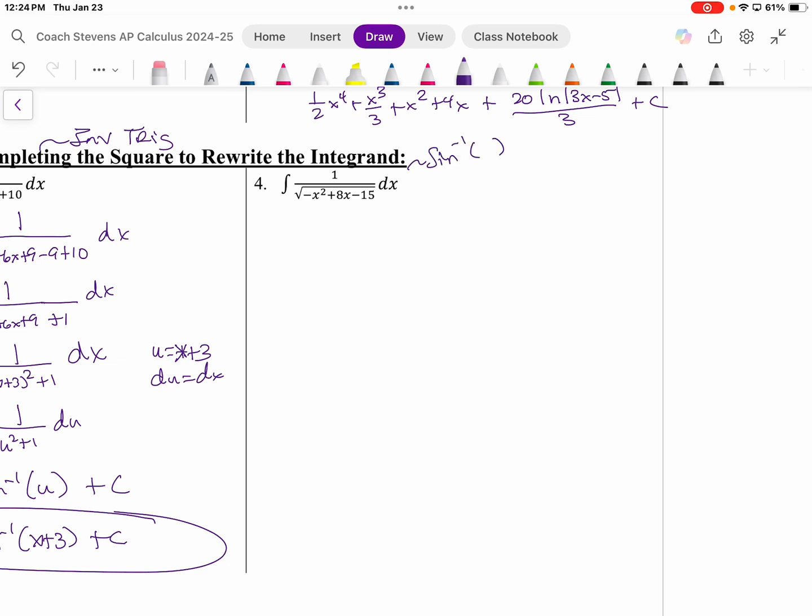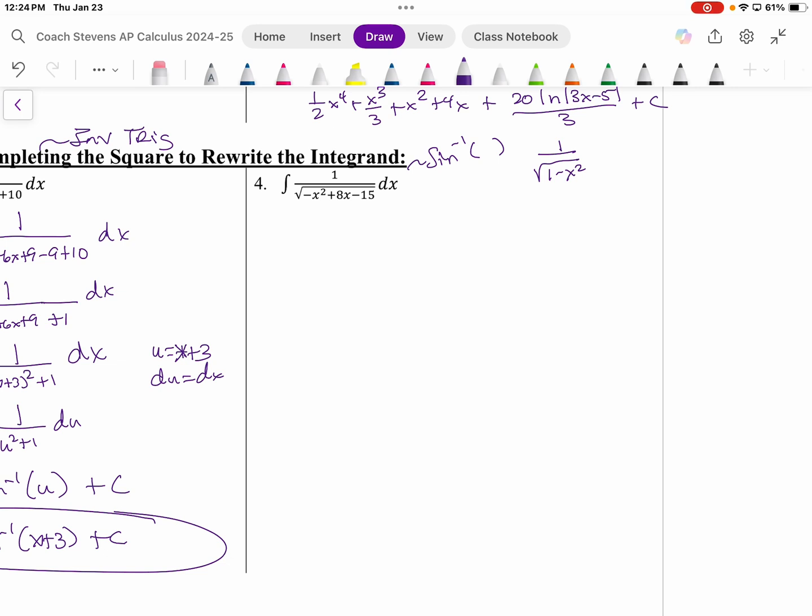We know the derivative of arc sine would be 1 over square root of 1 minus x squared. So that's what I need to work to as a final version. And that's why there's that negative out front. It's going to help us with that process.